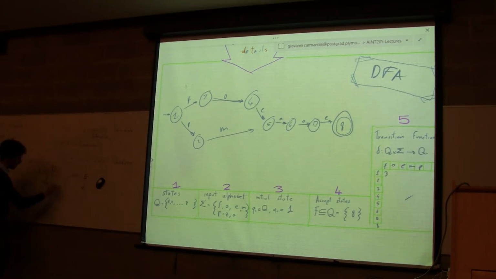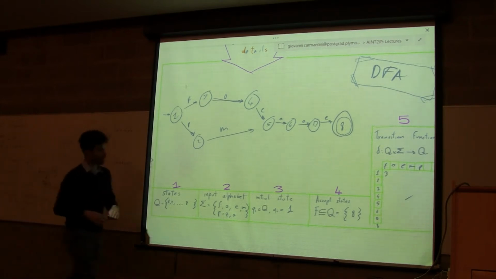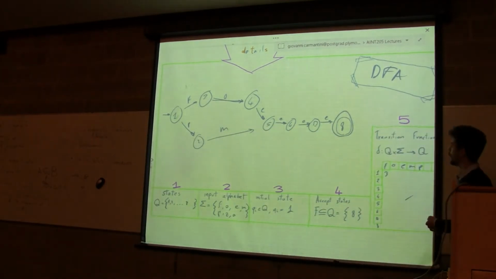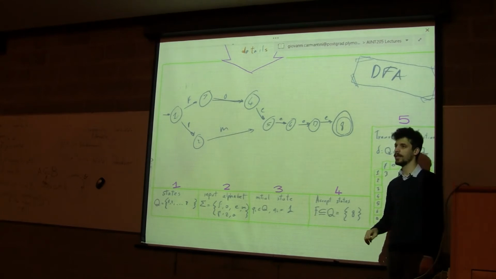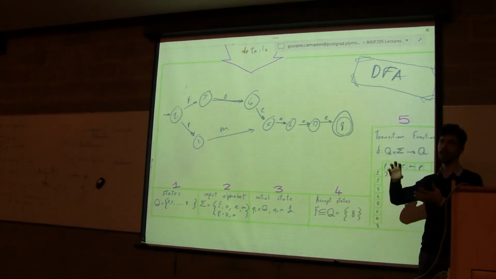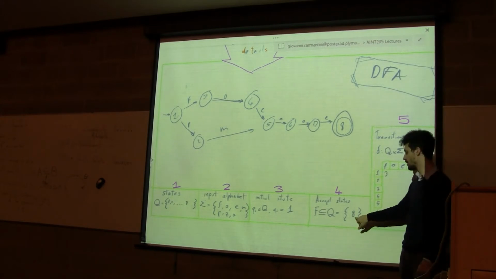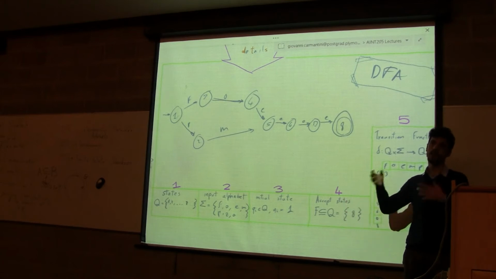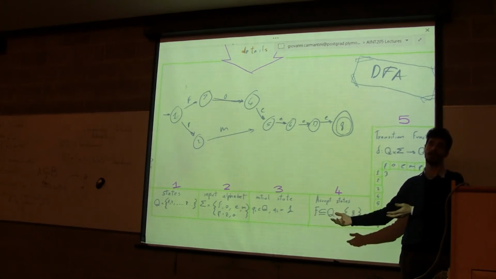So you have a subset of accept states, which means if I input a string to my DFA and I end up in a state which is an accept state, then my string is accepted, meaning the string is a solution to my original problem.